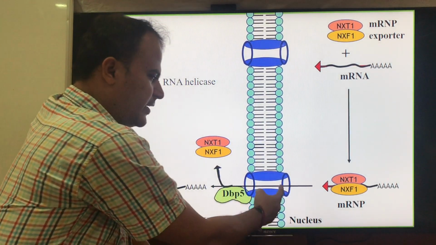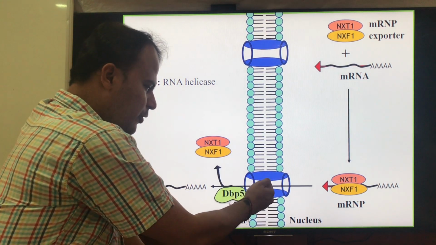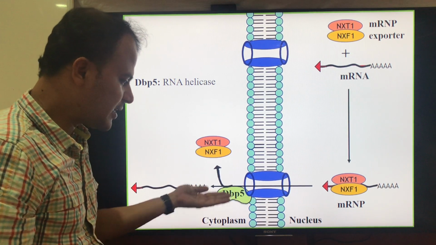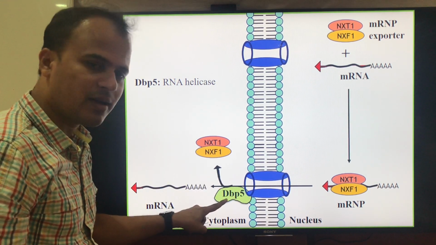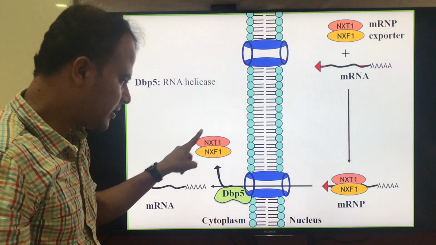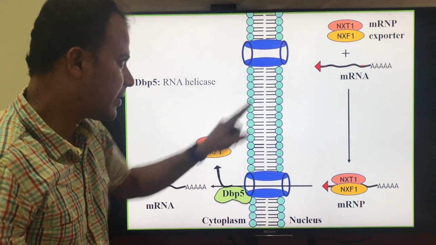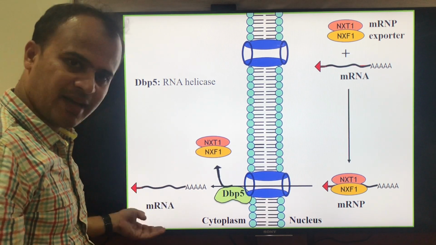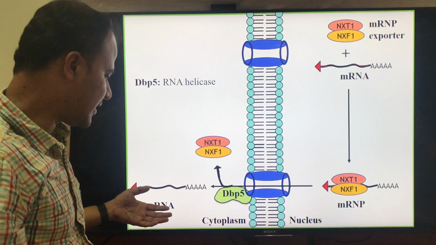The mRNP interacts with the FG nucleoporins and travels into the cytoplasm. In the cytoplasm, it encounters a protein called DBP5, which removes the protein, that is, the mRNP exporter. After the removal, the mRNA has been delivered into the cytoplasm.